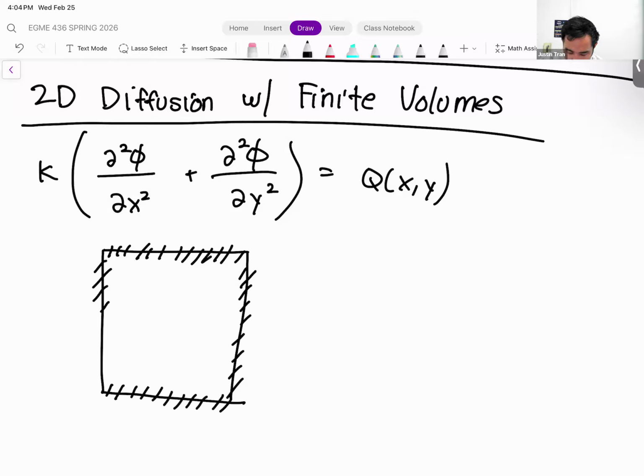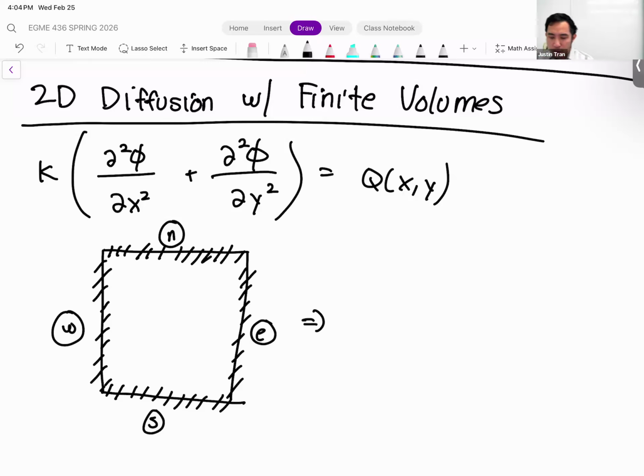We took our finite volume integral and split it into 4 using the divergence theorem, where each integral corresponds to a different edge of our cell. We had a line integral on the north edge, the east edge, the south edge, and the west edge.